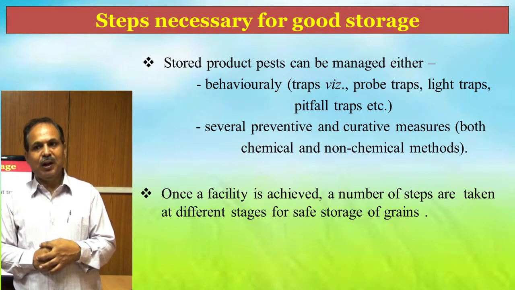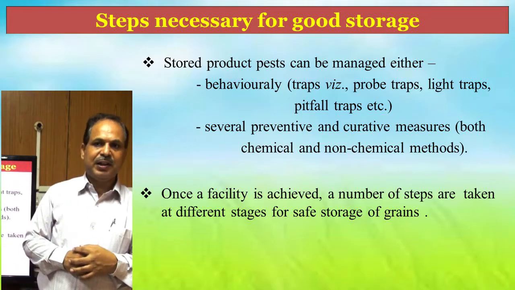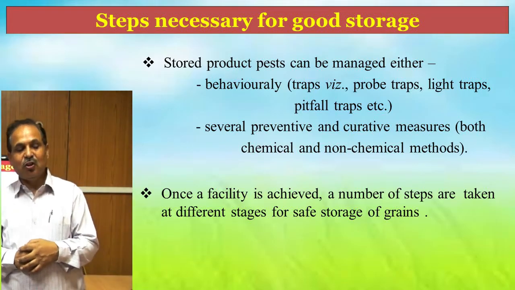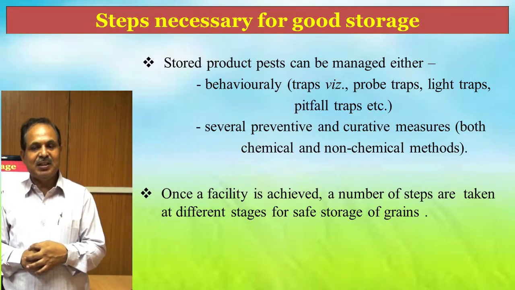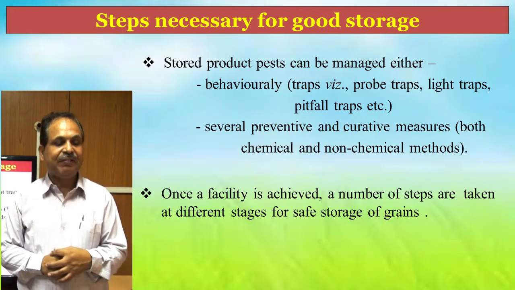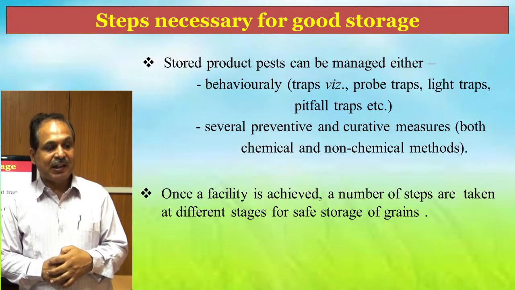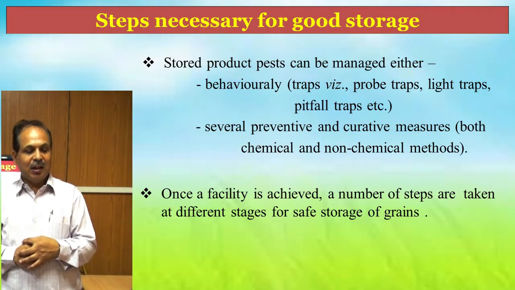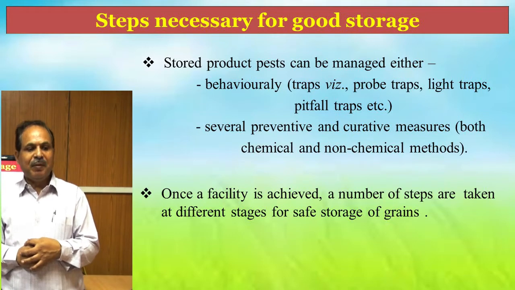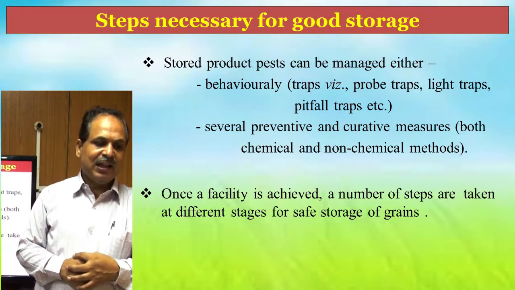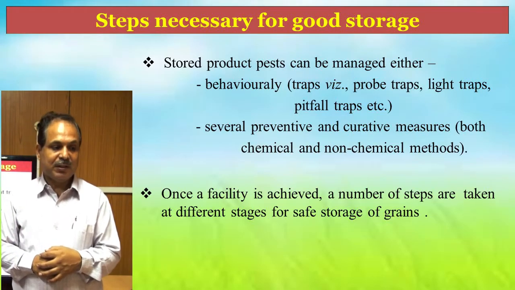In warehouses, the insects which are designated for the different crops are considered stored pests, and they can be managed by using different traps like probe traps, light traps and pitfall traps. They can also be controlled by preventive and curative measures, using chemical and non-chemical methods.